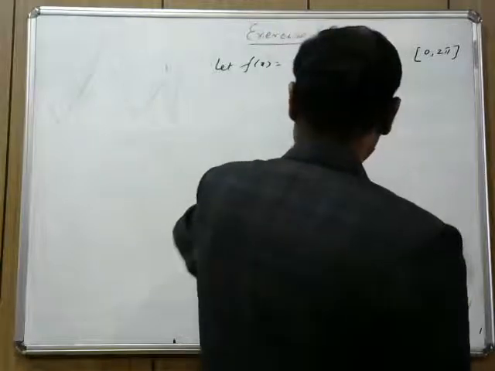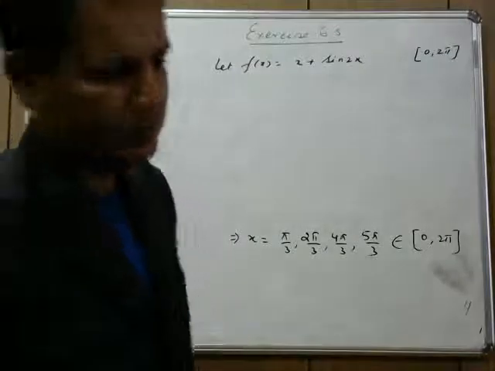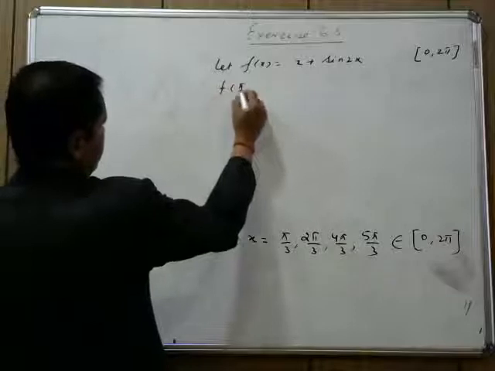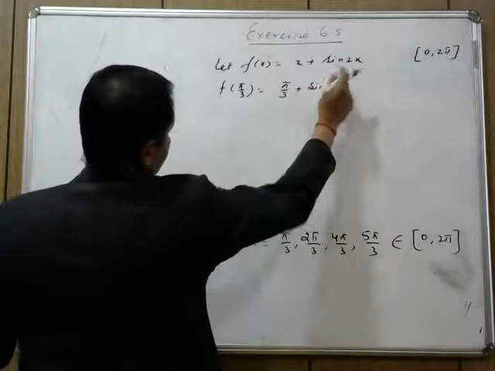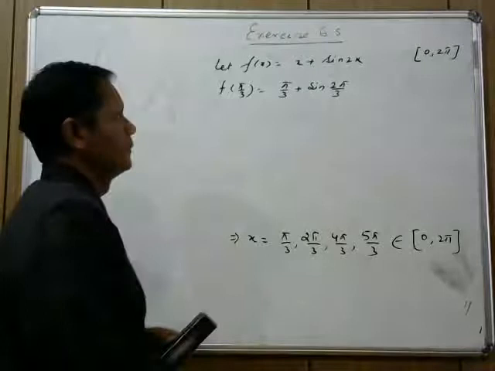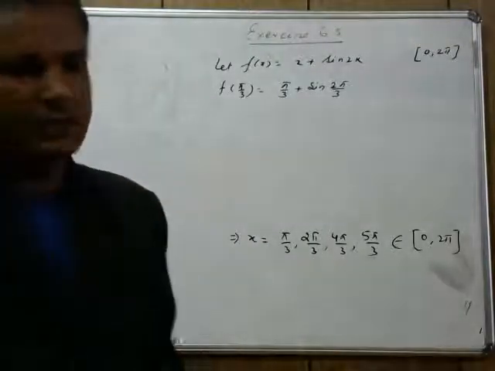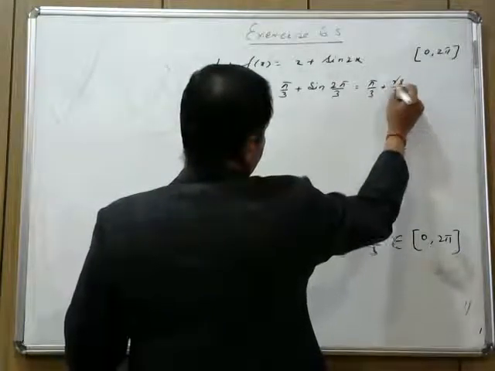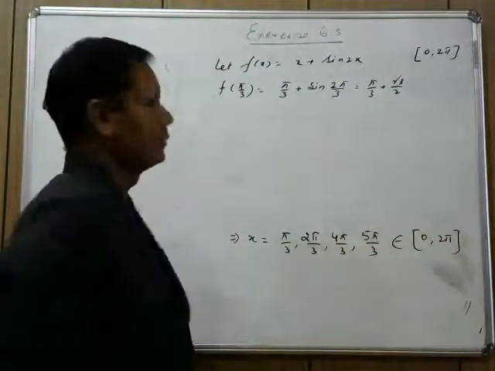Therefore, we will find the value of the function at x equal to pi by 3. Now f of pi by 3 is equal to pi by 3 plus sine 2 into pi by 3. Because x is pi by 3, sine 2x will be sine 2 pi by 3, which is pi minus pi by 3, so root 3 upon 2. That means pi by 3 plus root 3 upon 2.